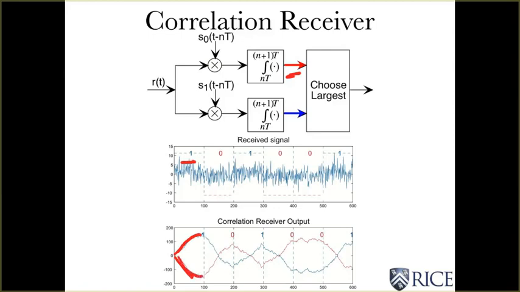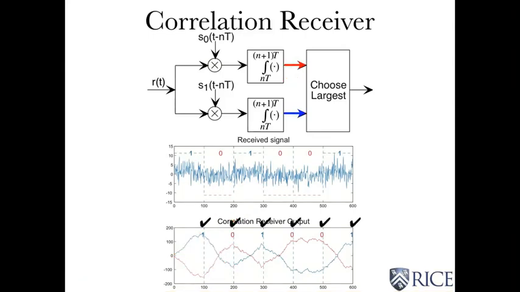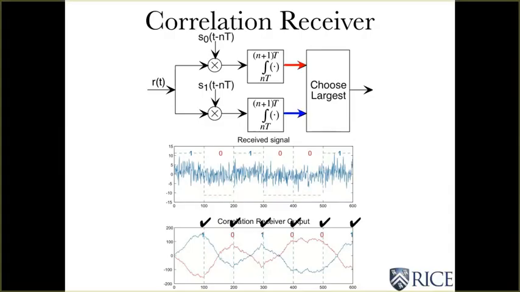The S0 signal has to be the negative of it, and it's clear that we made the right choice there. 1 is bigger than 0. Now the bit in the transmitted bit sequence flips, becomes a 0, and sure enough, the outputs of our receiver flip, and the 0 becomes the biggest. In this example, it's always correct. It's just amazing to me that for something this noisy, the correlation receiver got it exactly right every time. This is not going to happen in general.